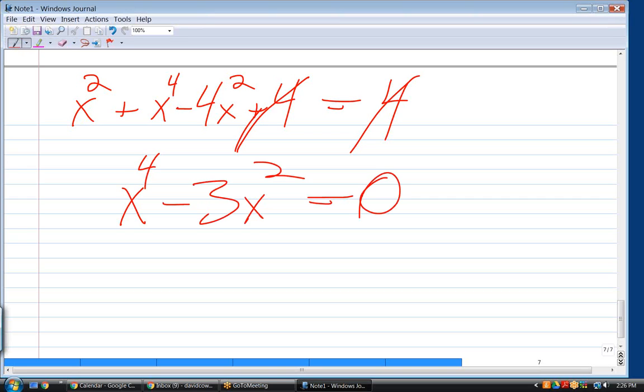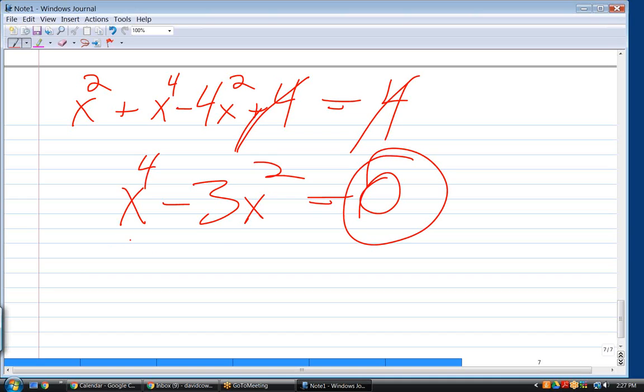What's the next step in solving this? Not sure. Factor, always factoring. Whenever you have 0 on one side of the equation, the answer is going to be factoring. And I'll tell you why.